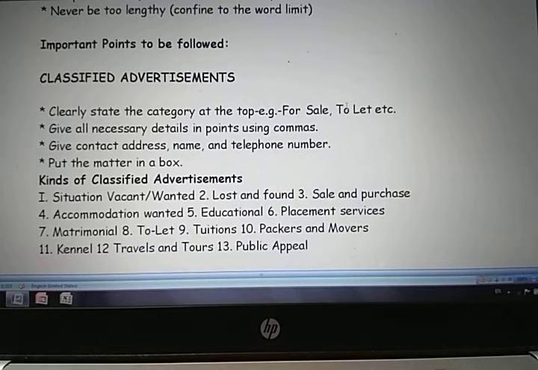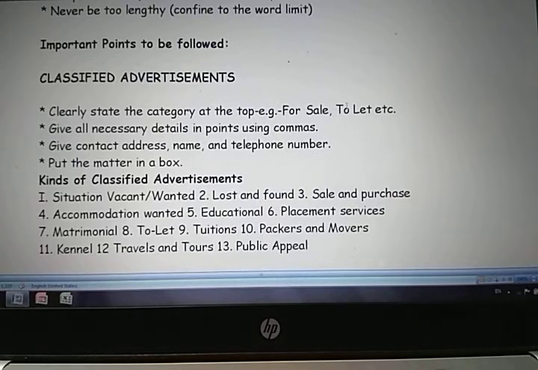Clear? So everything, the write-up that is there now, you should keep that write-up in a box. Always remember, for all the writing skills, whatever you write in your examination, everything should be kept in a box. Understood?